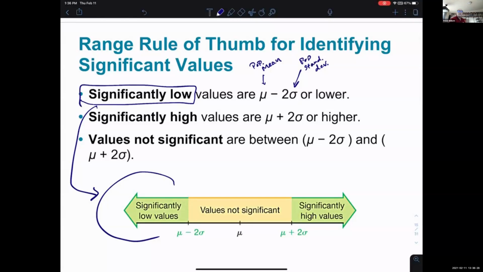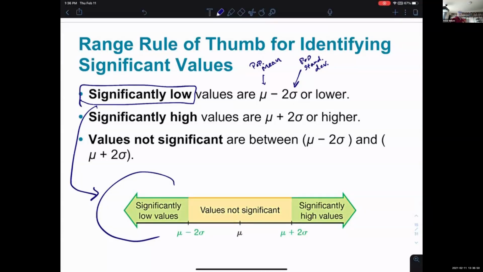Now, in my sample, I can confirm this. But the value of the range rule of thumb, of knowing the mean and the standard deviation of a population, is that you get an idea of how tall someone needs to be to be significantly tall, or tall enough to be rare.